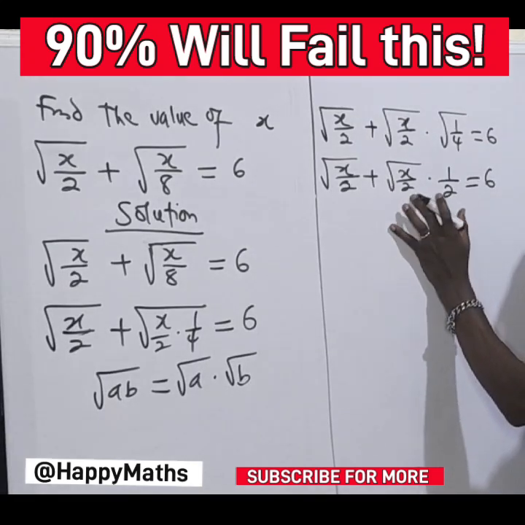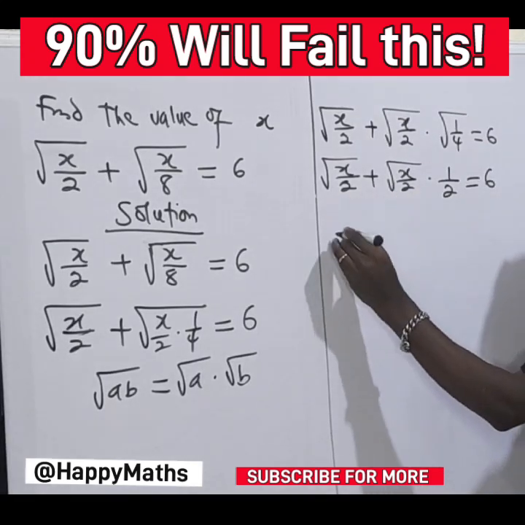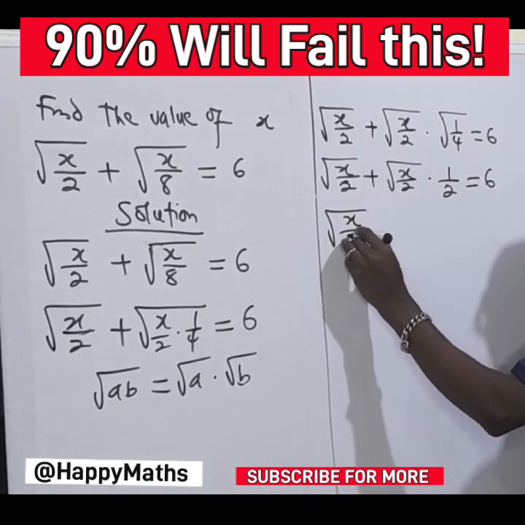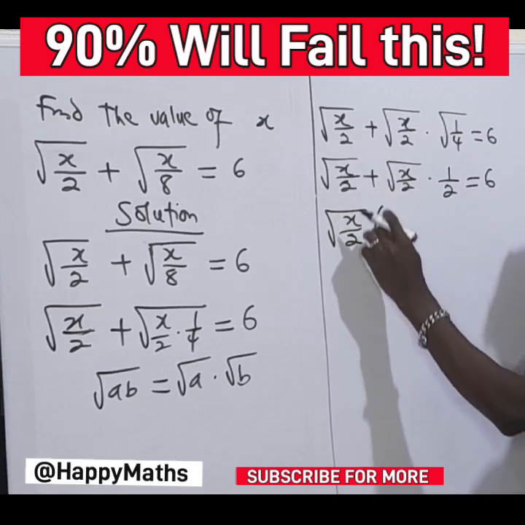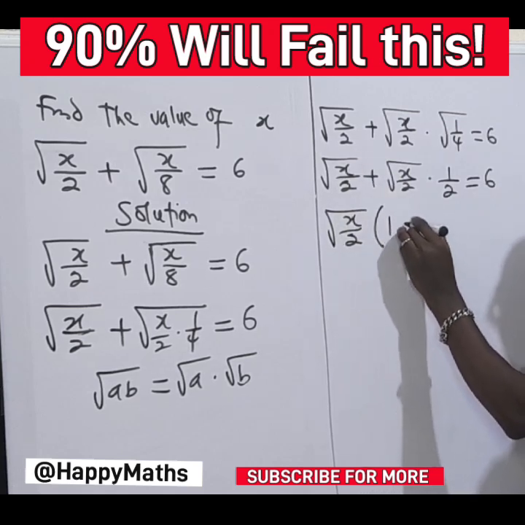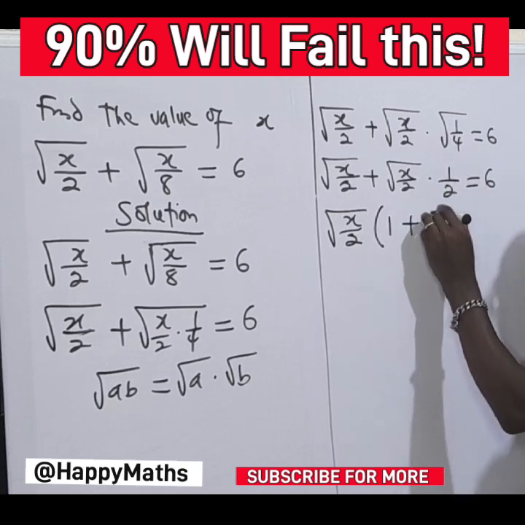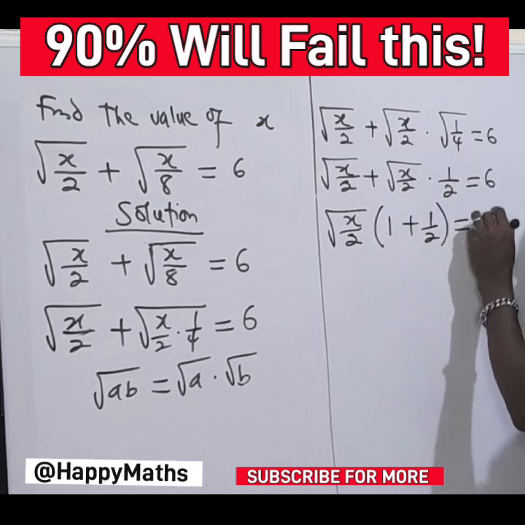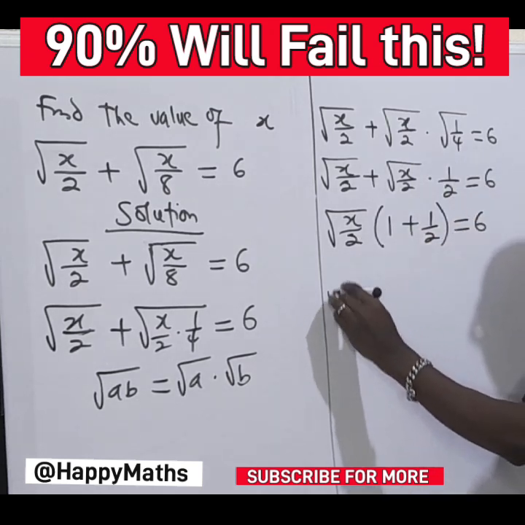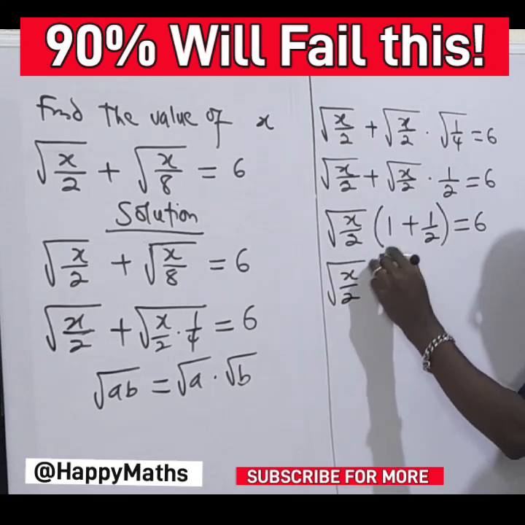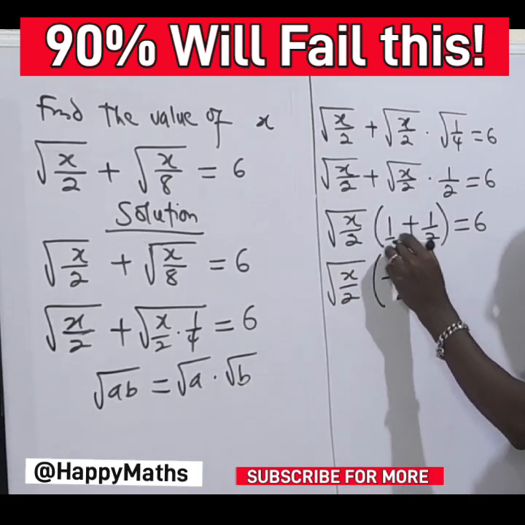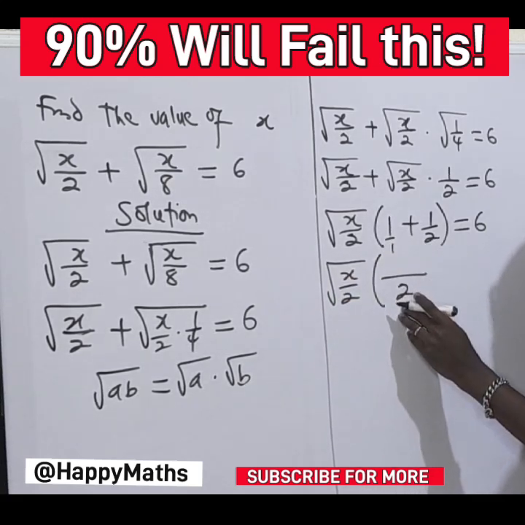Now, these two terms have root of s over 2 in common, so let me single it out. Root of s over 2 times, 1 plus 1 over 2, equals 6. The LCM of 1 over 1 and 2 is 2.